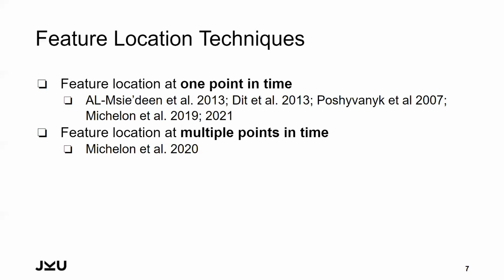Still, regarding the time dimension, there is only one feature revision location approach, presented by Michelon et al. 2020, that is able to retrieve traces of feature revisions, but it is still an approach in the early stages of development with suboptimal results and limitations, for example, in terms of the number of feature revisions that can be located.